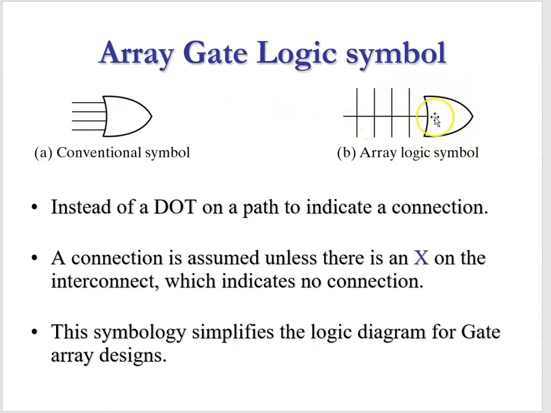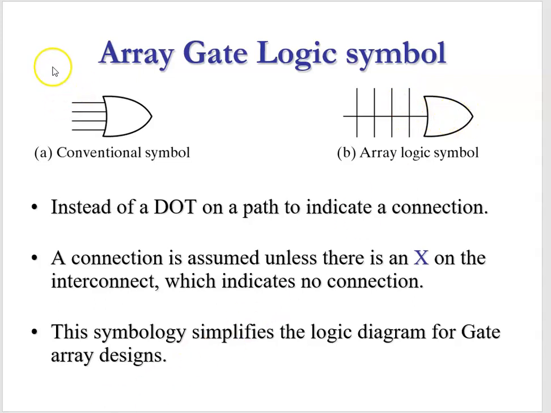It looks sort of like the dead fish symbol. Instead of a dot indicating a connection, we have an X that indicates that there's no connection. In this symbol, all these paths are already connected to the OR gate.